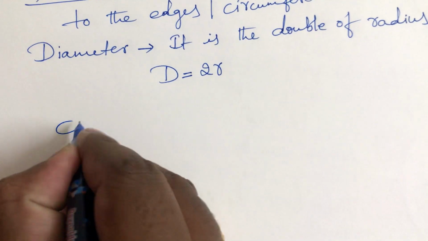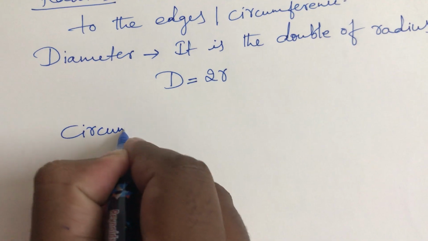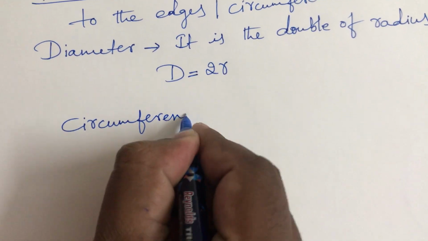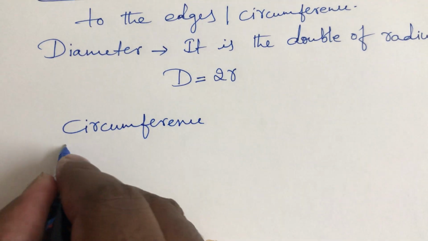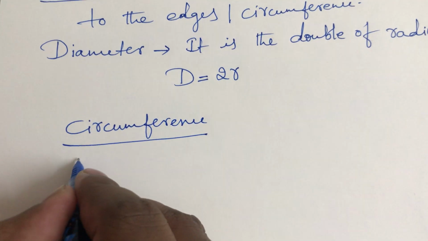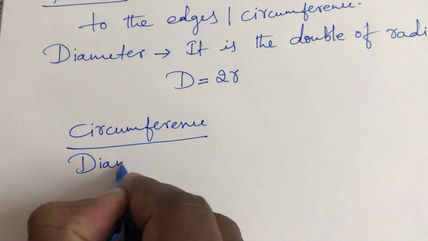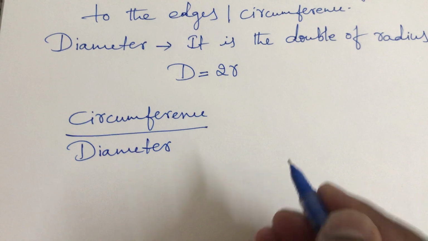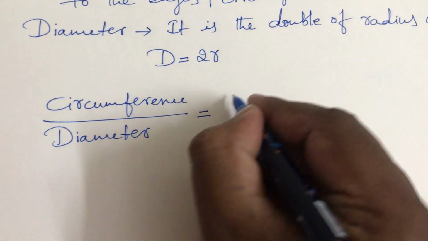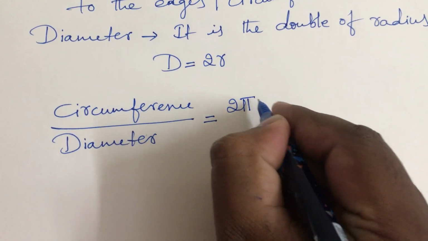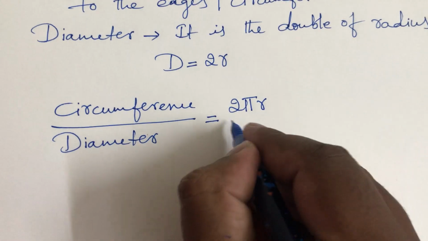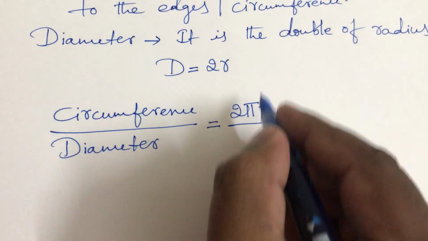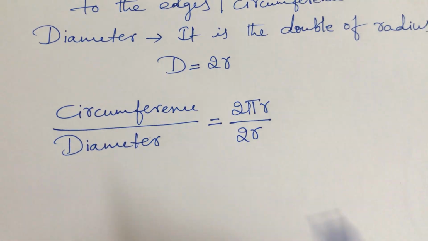Next important thing we have to understand here: if you divide the circumference of any circle by its own diameter, the circumference is calculated with the formula 2 pi r and the diameter with 2r.